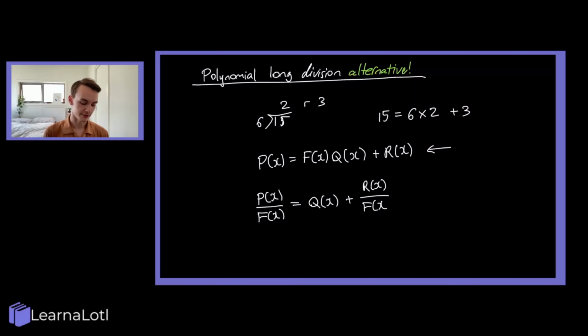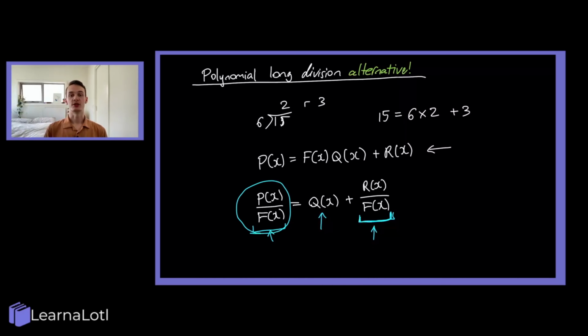So in this way, I've changed this rational function, so a division of a polynomial divided by another polynomial, into a regular polynomial, and then another rational function. So we've isolated what part of the function is being divided by a polynomial. And this can be very helpful when we want to analyze certain things about the behavior of this function.